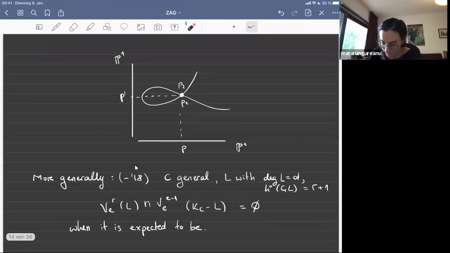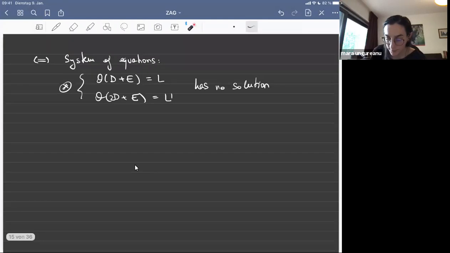So the point is that this kind of statement, that an intersection of certain secant varieties is empty, is equivalent to a system of equations.